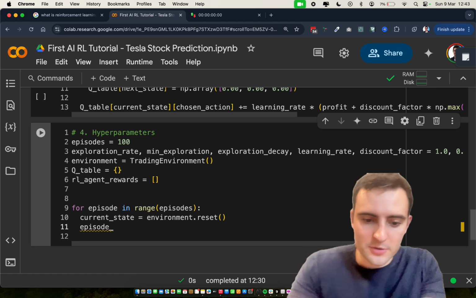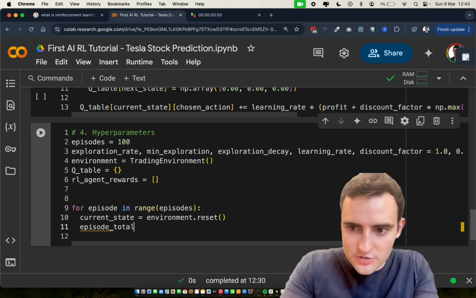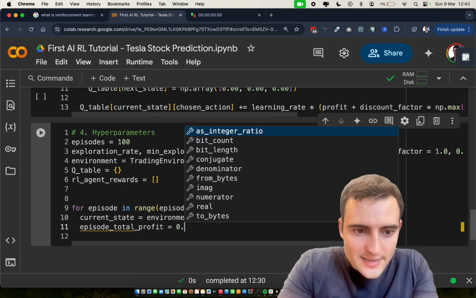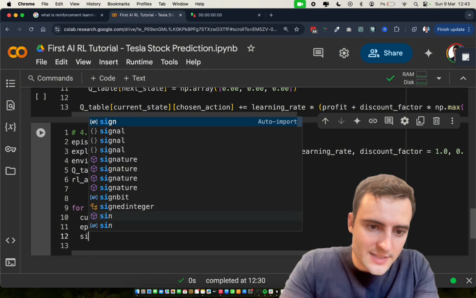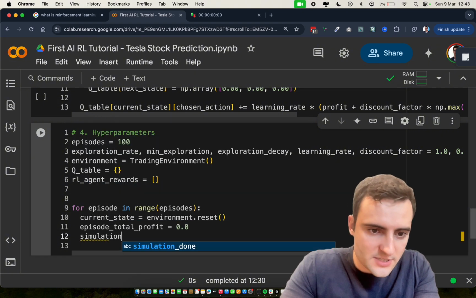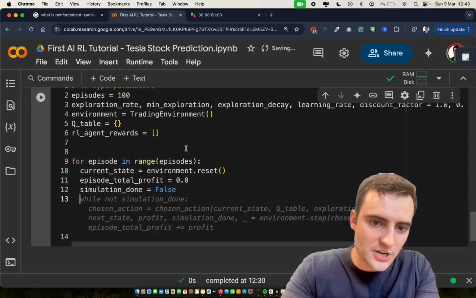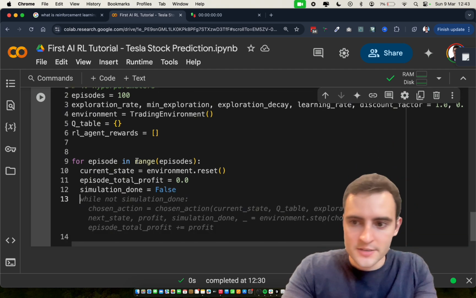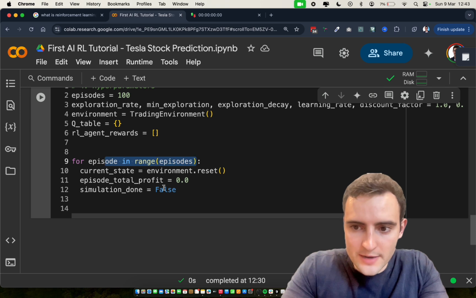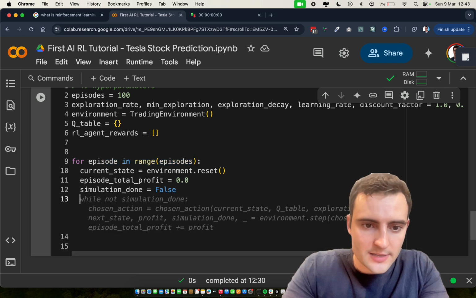So how much profit have we made so far? We write 0.0, and then we write, is the simulation done? At the start it is false, right? So we reset this because the simulation will be done, but then it has 100 simulations to go through. So here we write false, and we write while not simulation done.